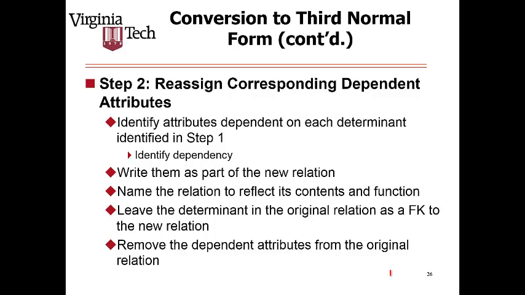So now we have a new relation with a primary key and attribute, but we also leave that determinant, that new primary key value, as a foreign key in the previous relation, and that maintains the link between the prior instances and that dependent data, so that our model is still correct.